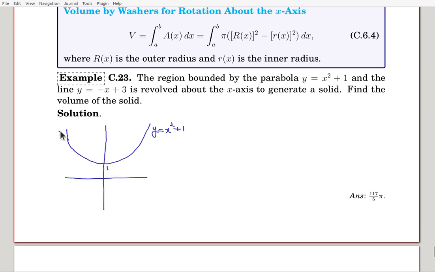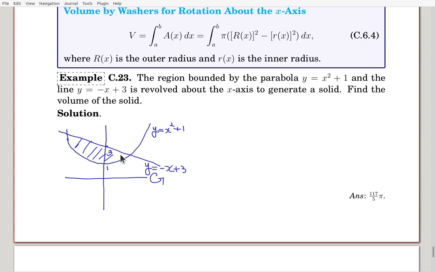Minus x plus 3 will be given in this way, and that is 3. This curve is y equals minus x plus 3. So that region is now rotated about the x-axis, and we want to find the volume of the solid.